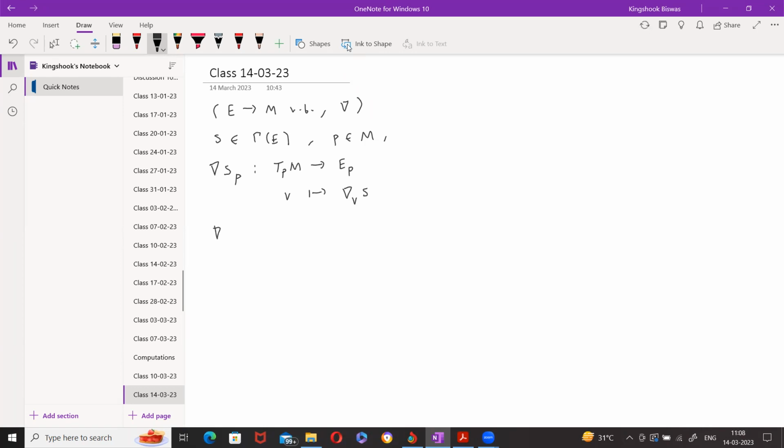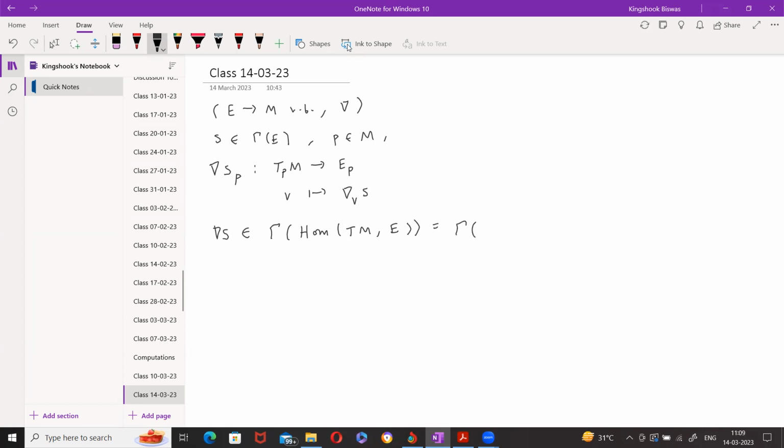That means that nabla S at each point P gives me a linear map from TPM to EP. So nabla S therefore defines a section of the bundle Hom from TM to E. And this Hom bundle, as we've seen, I can write as the dual of the first bundle tensor the second bundle.